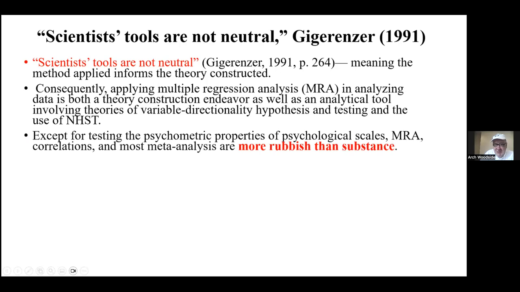MRA, that's multiple regression analysis, correlations, and most meta-analysis are more rubbish than substance here. And I'm not the first to say this. This is well stated in the literature. And I'm going to provide you a source that reviews this with empirical examples of what you should do. And I'll be happy to send it to you too.